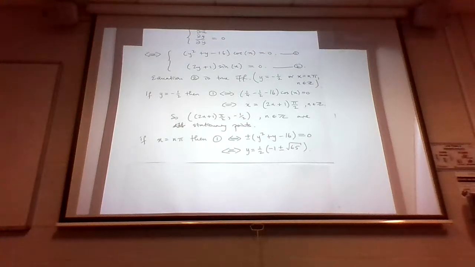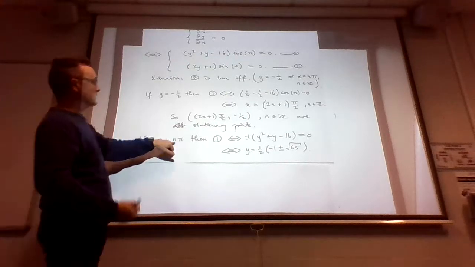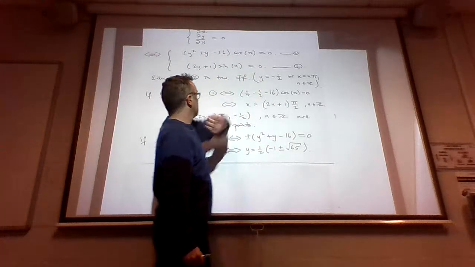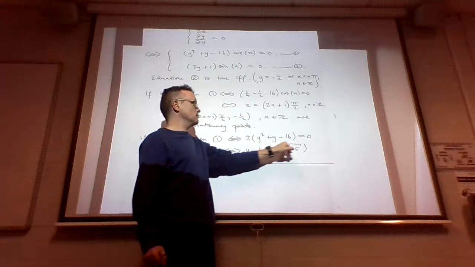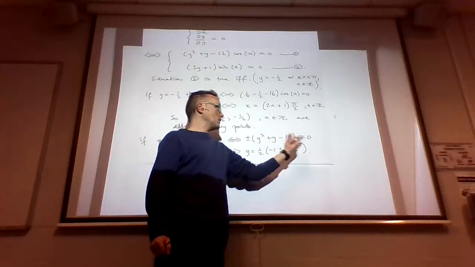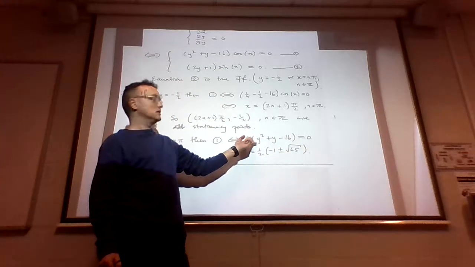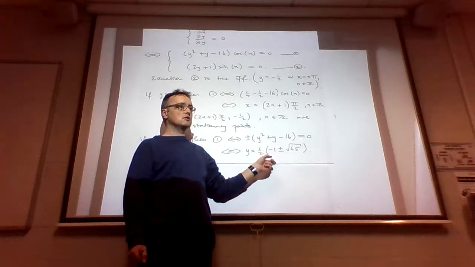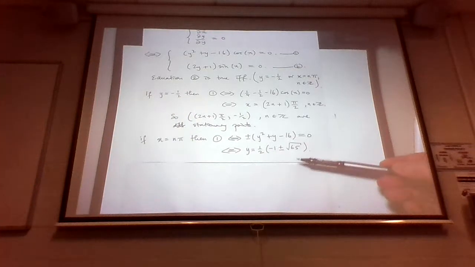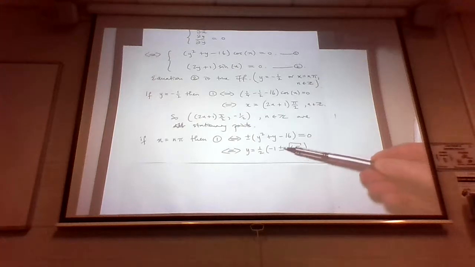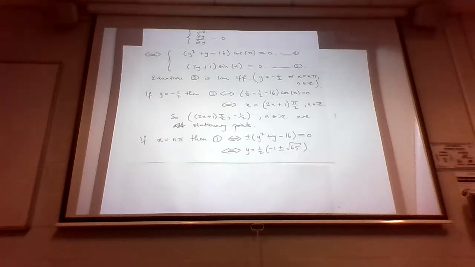At 0, pi, 2 pi, 3 pi, 4 pi. So it's plus or minus 1 on the cosine factor. I'm substituting x equals n pi, but there's no other x there, so it's just the same polynomial in y. And when is this true? Well, it's at the roots of that quadratic. So you apply the quadratic formula, you get those two values, a plus version and a minus version, two values for the y-coordinate.